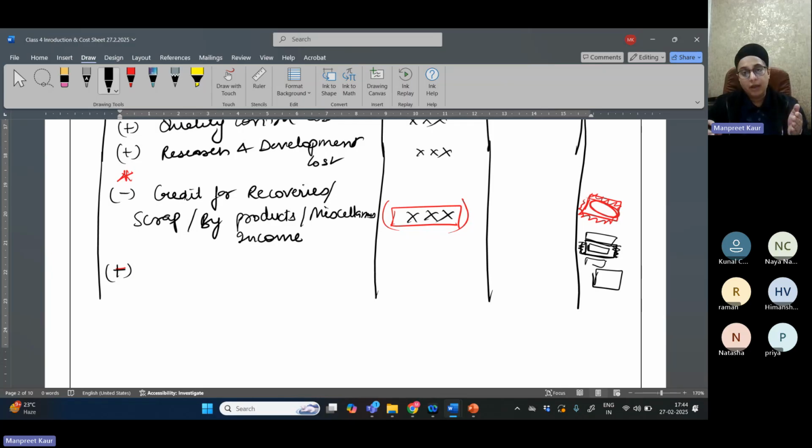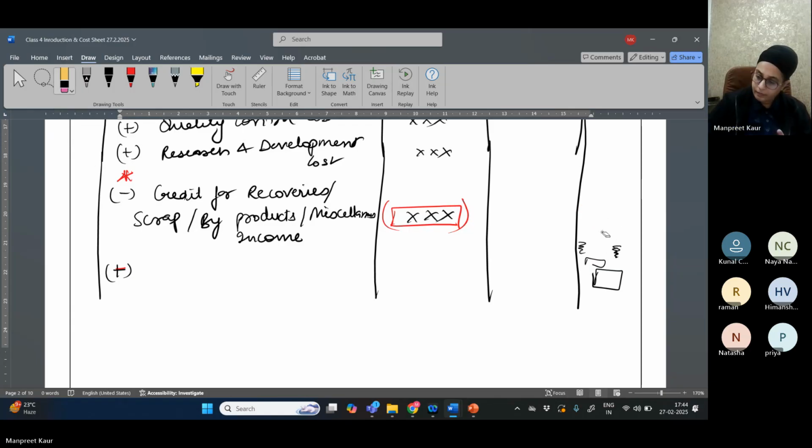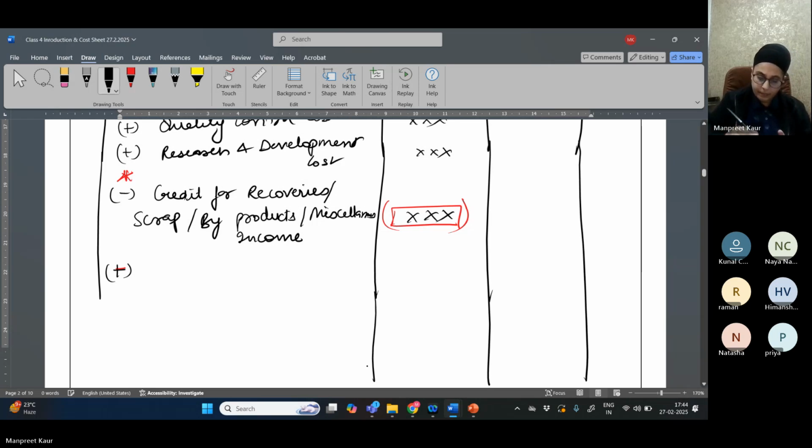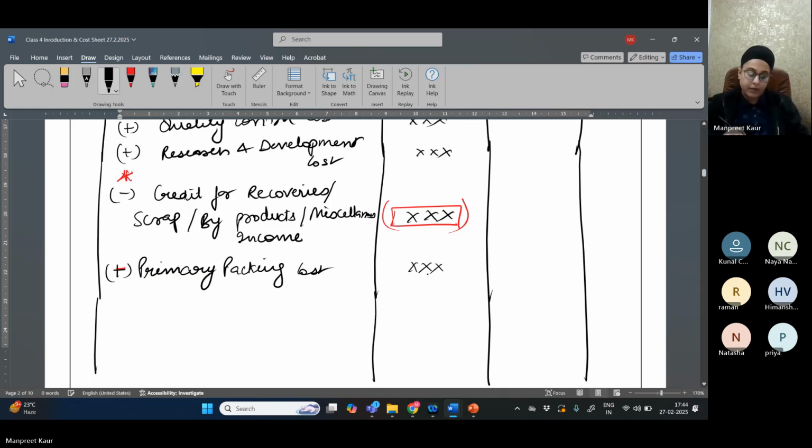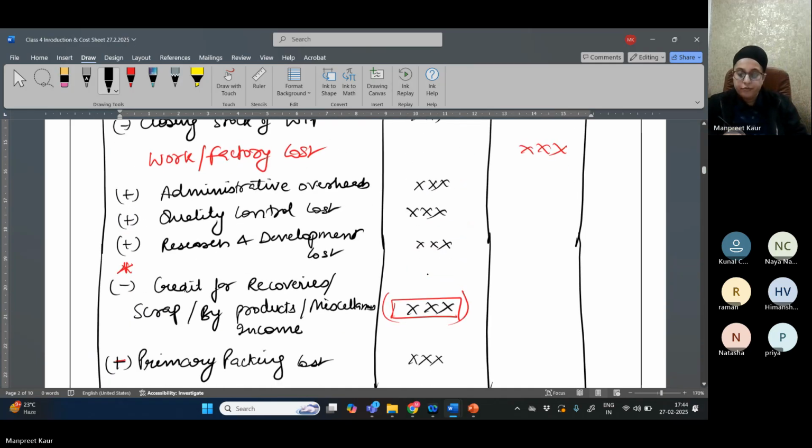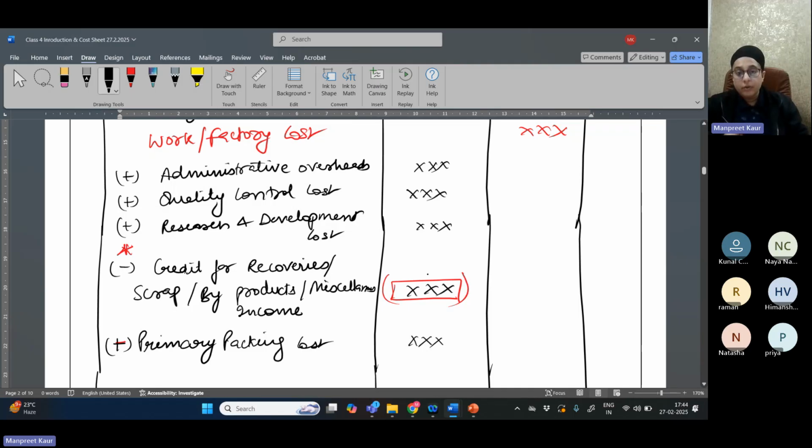How will we treat packing cost, primary or secondary, in the cost sheet? We will discuss. Primary packing cost is adjusted in the cost of production, before cost of production.